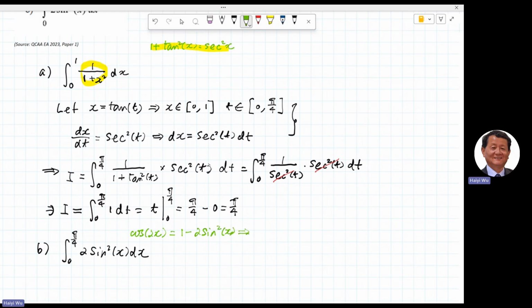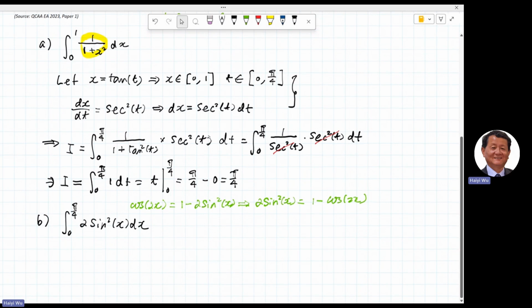So that's called the double angle for cosine. So 2 sine squared x will be equal to 1 minus cosine 2x. So that's the formula I'm going to use, called the double angle identity.